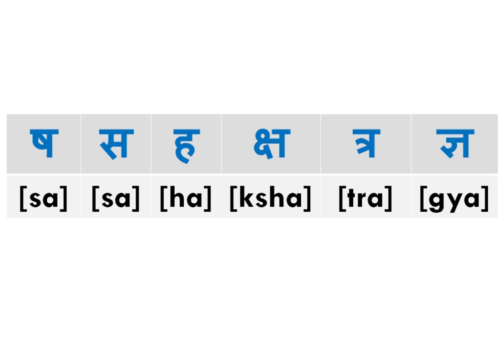Now, seventh row. The first letter of the seventh row is Sa. S-A, Sa. Another letter is also Sa. S-A, Sa. Ha. H-A, Ha. Chha. K-S-H-A, Chha. Tra. T-R-A, Tra. Gya. G-Y-A, Gya.